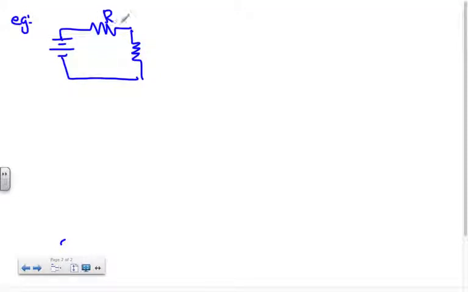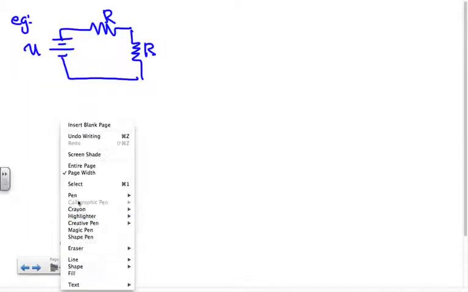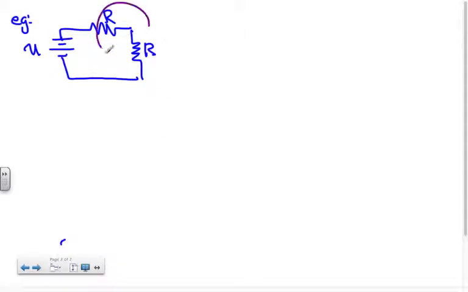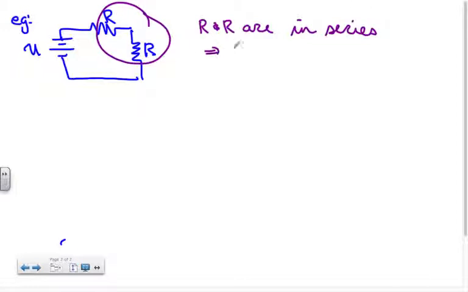We'll call this R, we'll call this R, we'll make this U. In our first situation, to analyze these things, we first analyze the fact that these two are in series with each other, so that R and R in series. That implies that your total resistance is twice R.